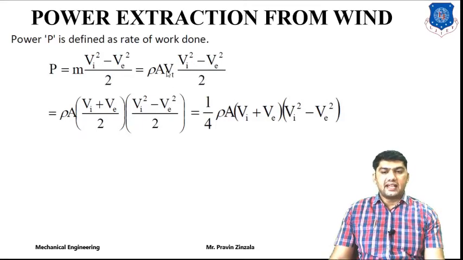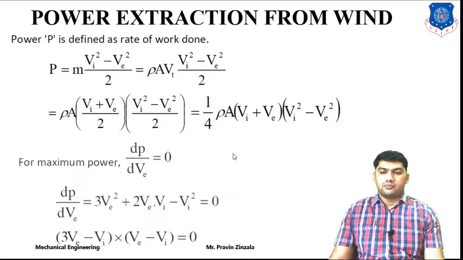In the previous slide, we derived that Vt is equal to Vi plus V divided by 2. So we simply insert the value of Vt. The final equation is 1/4 rho A (Vi plus V) into (Vi square minus Ve square). So this is the power equation.